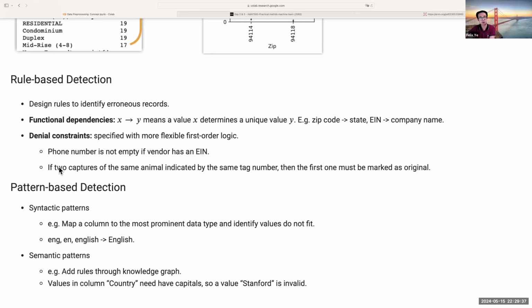And also, if two captures of the same animal are indicated by the same tag number, you can just say the first one must be marked as original. So basically, two records are indicated by the same tag, one is the original and one is the copy. So just mark the first one as the original, then the second one is a copy.